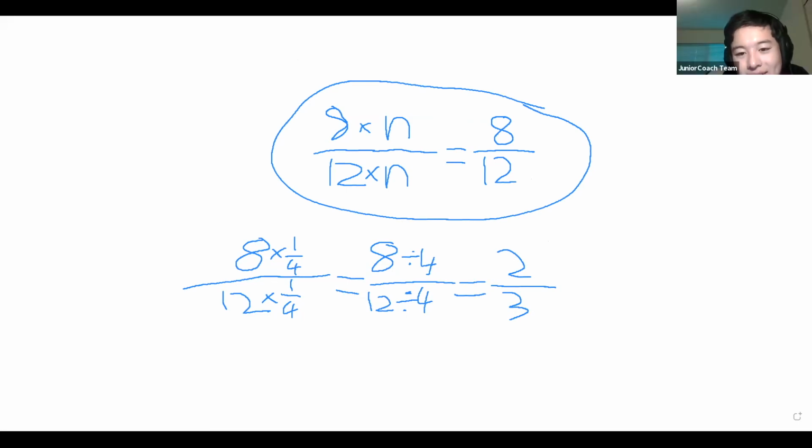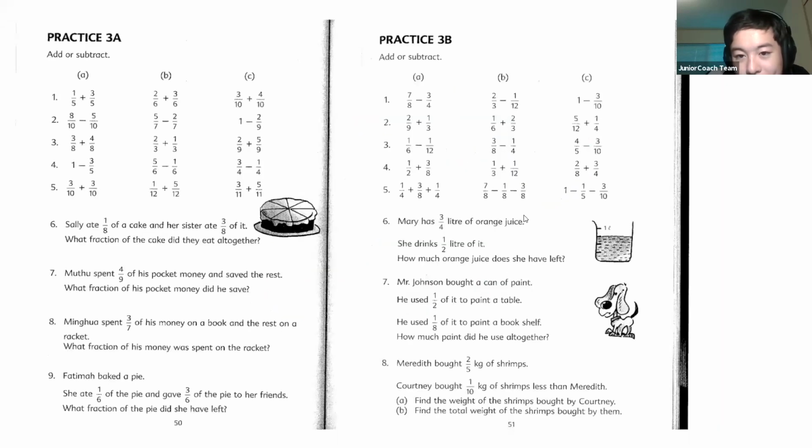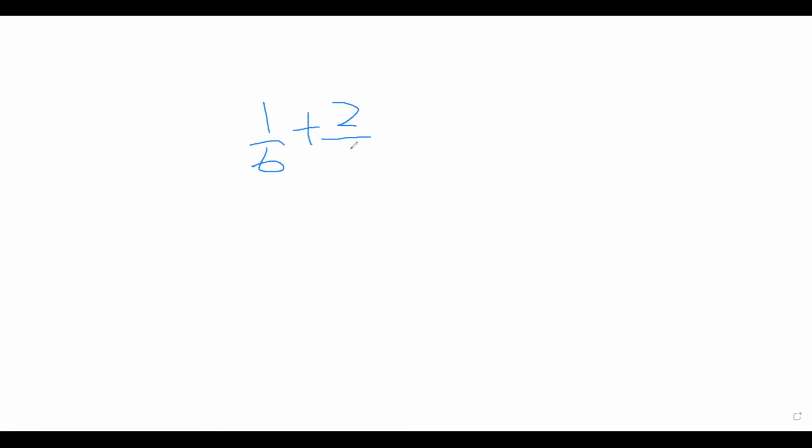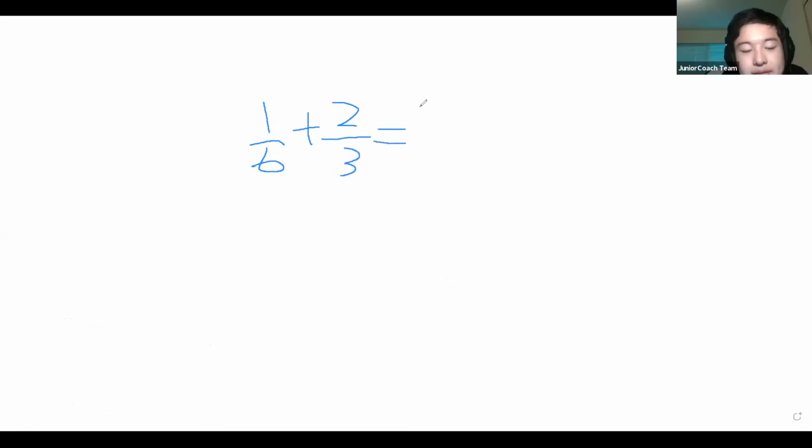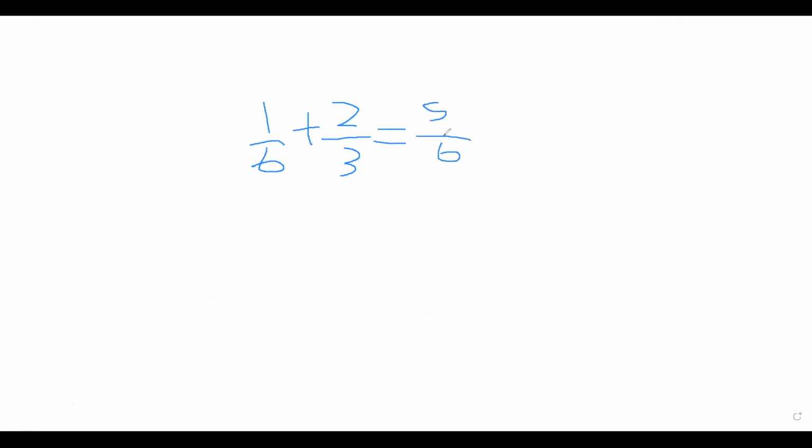Let's do 2b. 1/6 plus 2/3. Right, 5/6. Once again, yeah, we turn 2 thirds into 4 over 6, right?